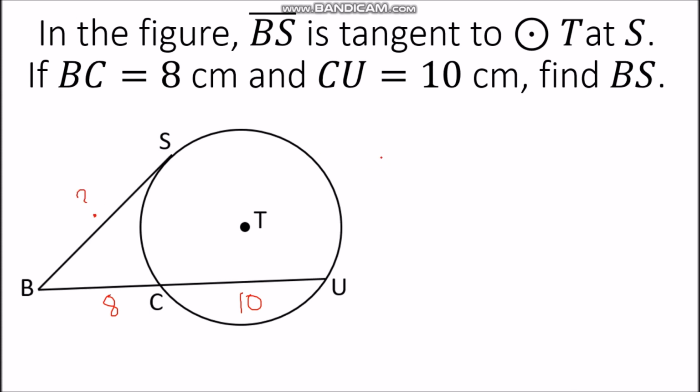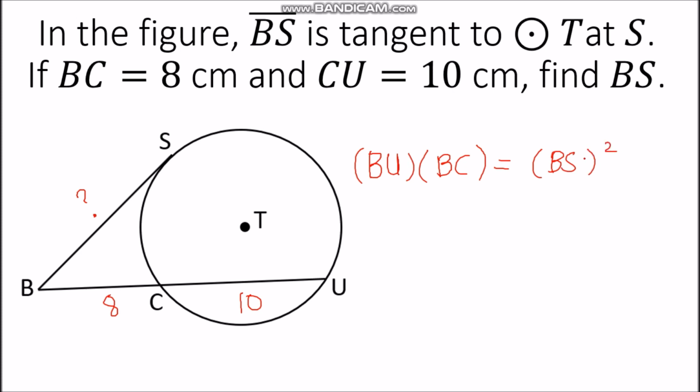Now let's apply Theorem 117 and create an equation from the given so that we can solve for BS. So we know that if we multiply the secant segment, which is BU, with its external part, which in this case is segment BC, their product will be equal to the square of the tangent segment, which is BS.